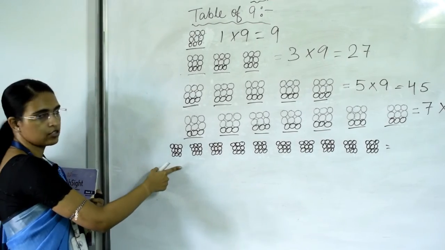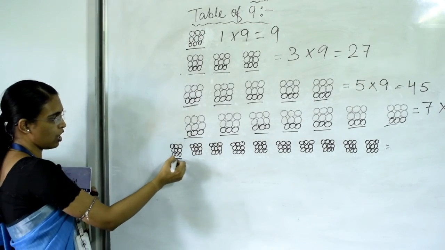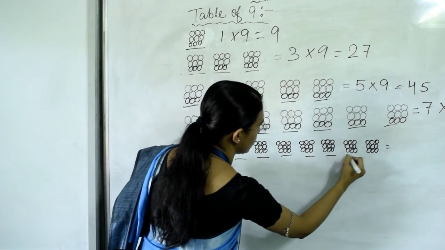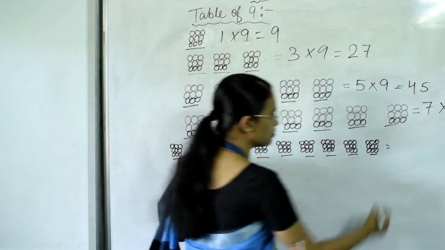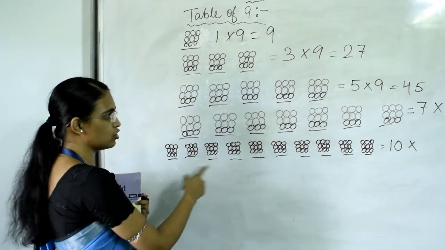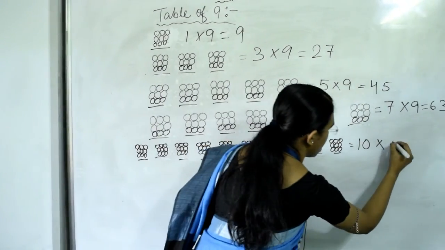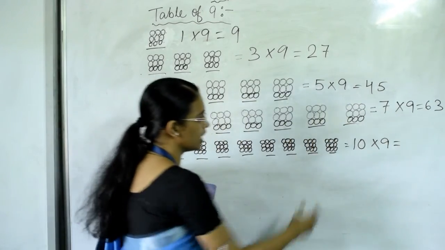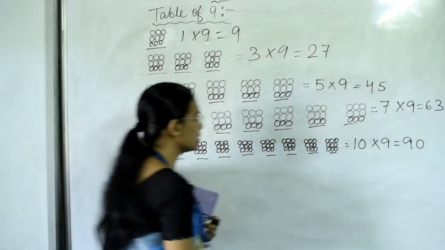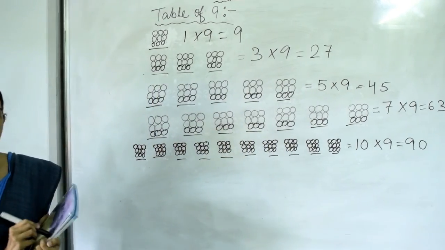So now next question, how many groups? 1 2 3 4 5 6 7 8 9 10. 10 groups. So we have written 10. Put the multiplication sign and in each group how many balls? 9 balls. So 9 10s are 90. So in this way do the rest of the part.